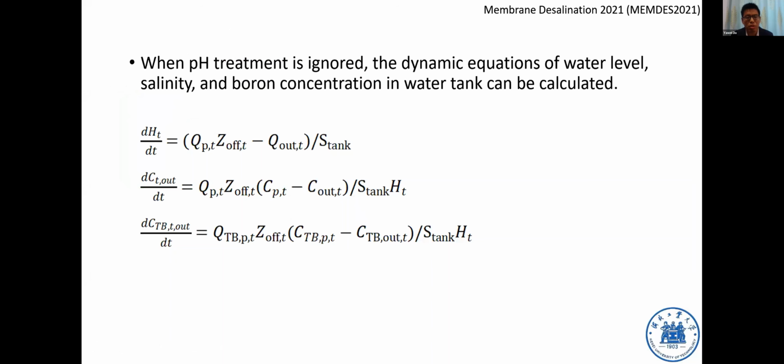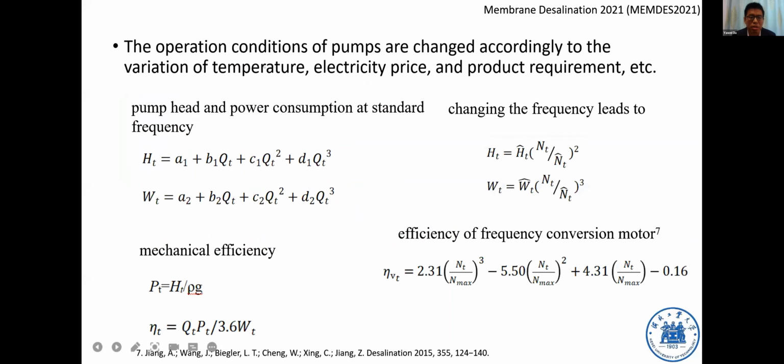When the pH treatment is ignored, the dynamic behavior of the water level, salinity, and boron concentration in the water tank can be calculated based on the following differential equations. And the operation condition of the pumps changes during the operation time.